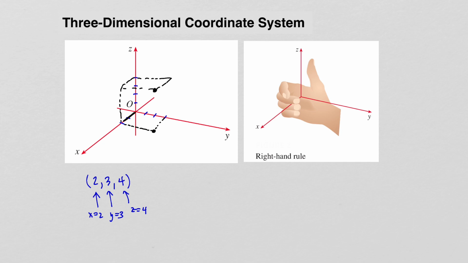So we have x equals 2, y equals 3, and z equals 4. And as you can see, this is often very challenging for students to graph in 3 dimensions. And some people are better at this than others.